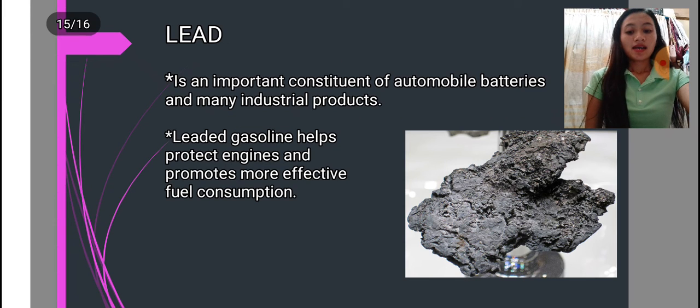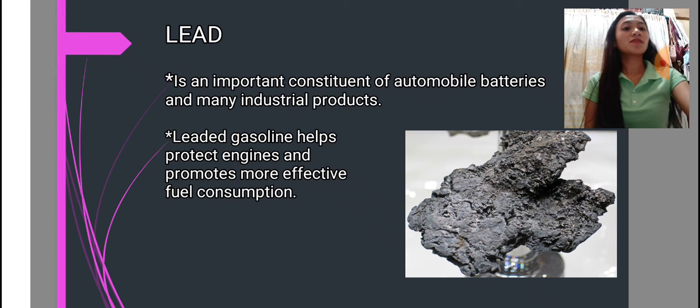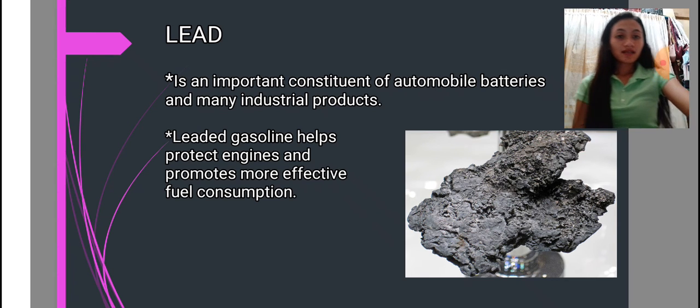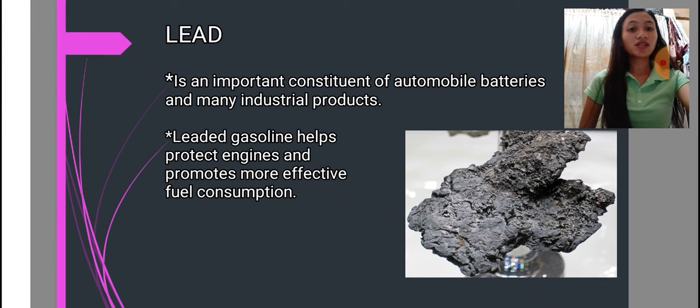Lead is an important constituent of automobile batteries and many industrial products. Leaded gasoline helps protect engines and promotes more effective fuel consumption.